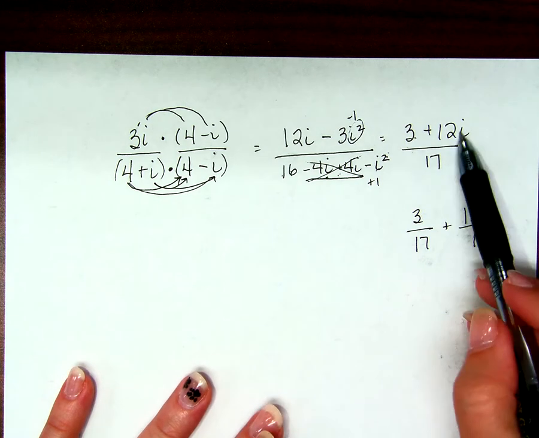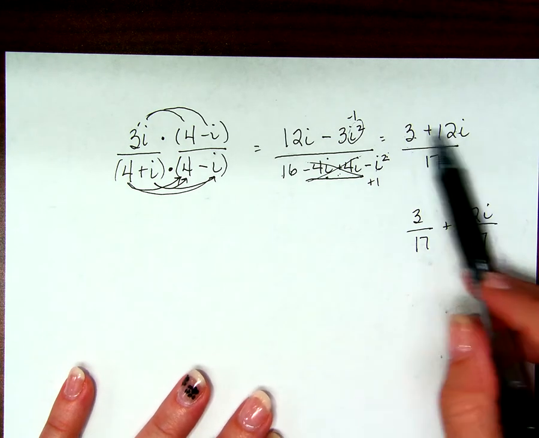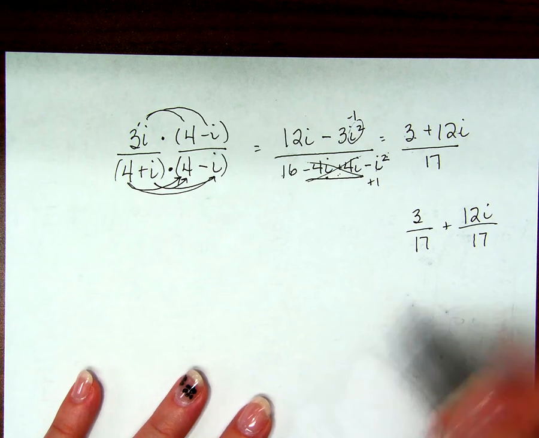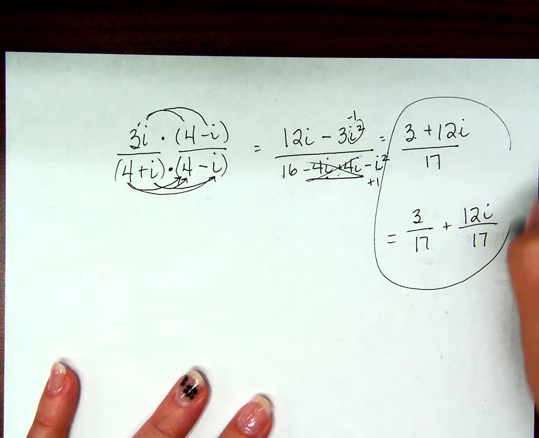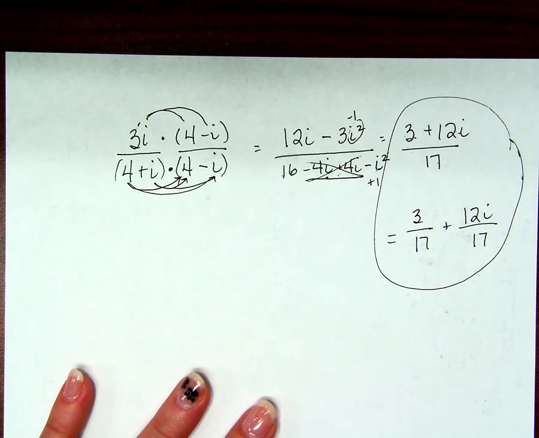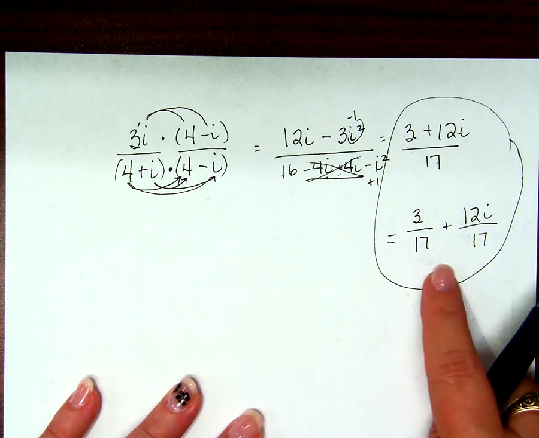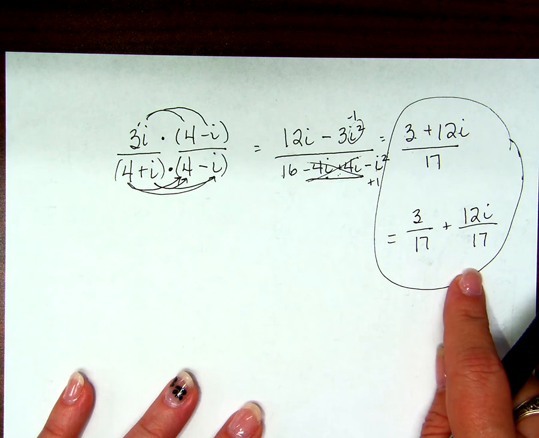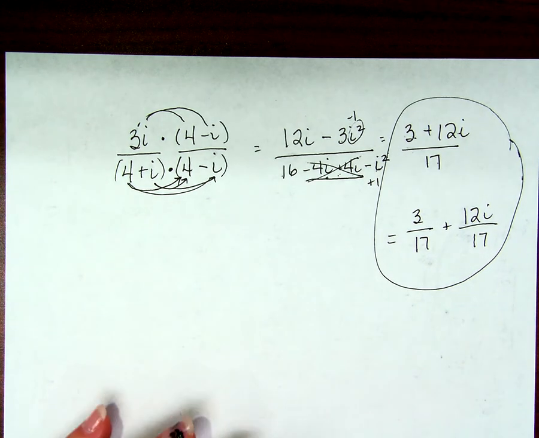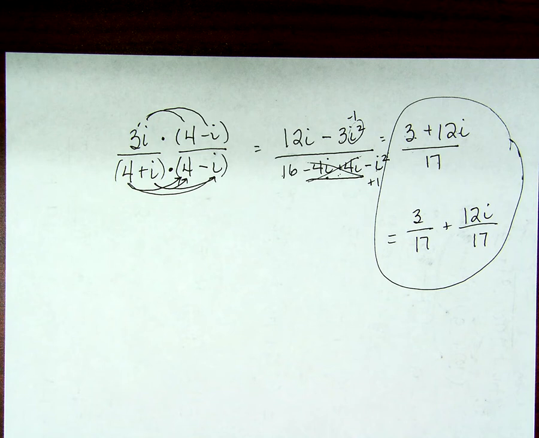I put both parts of the numerator over the denominator. These two are equivalent answers. Sometimes your computer doesn't like that as an answer and it wants it as two separate parts. Does that make sense? I mean, kind of, because it doesn't really make sense to me, but whatever.